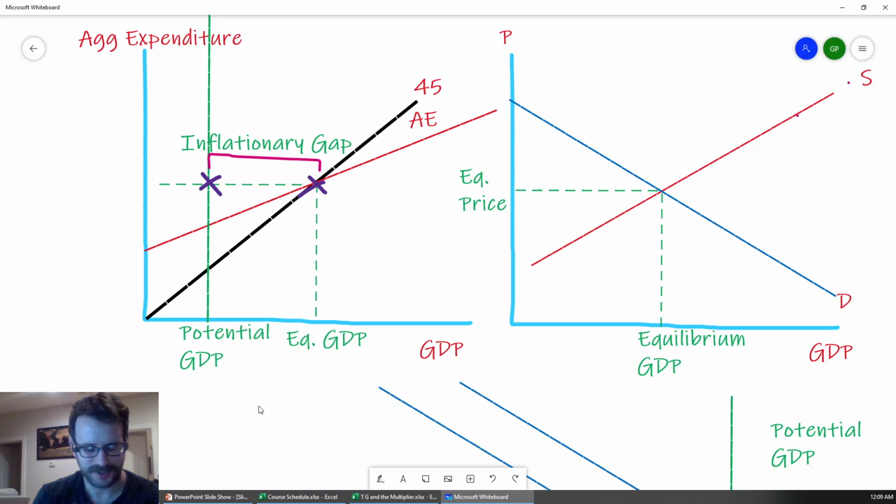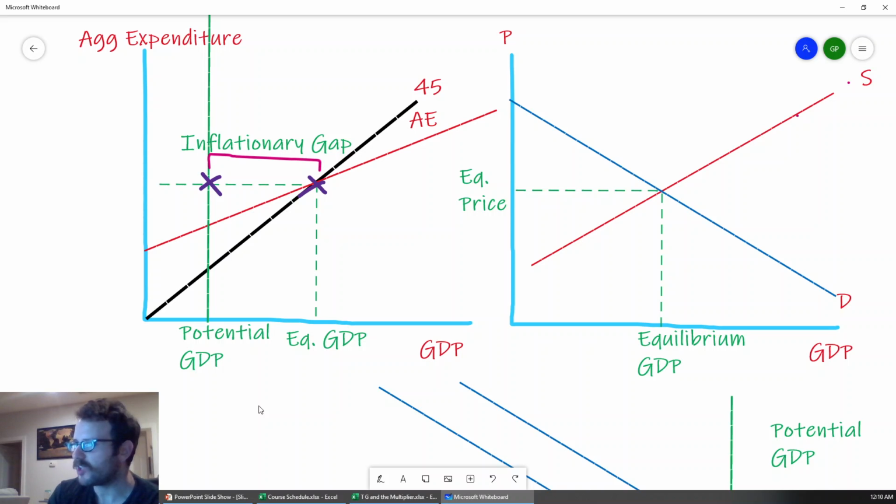So producing above potential GDP leads to an increase in job openings, which leads to higher wages, which leads to higher prices, which is inflation. So that's why it's called an inflationary gap. If you produce above the potential GDP for a long enough period of time, you should see inflation.